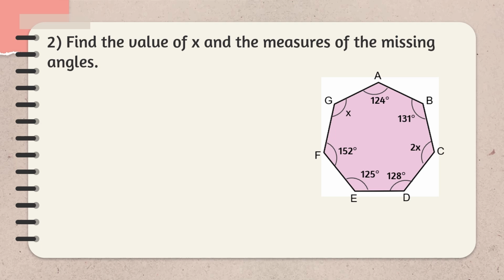Now, you cannot learn by heart the sum of the interior angles. We all know the sum of the interior angles of a triangle, which is 180 degree. For a quadrilateral, it is 360 degree. Yes or no? Yes. So we cannot learn by heart the sum of the interior angles for each and every polygon, right? It is difficult to learn by heart.